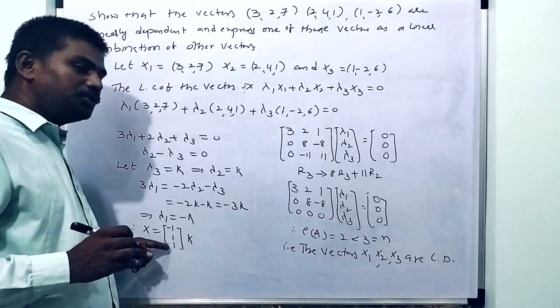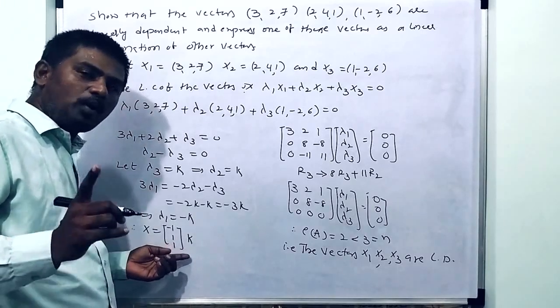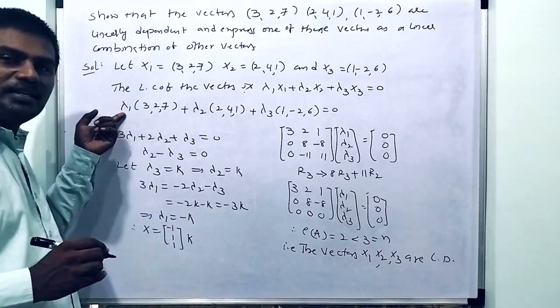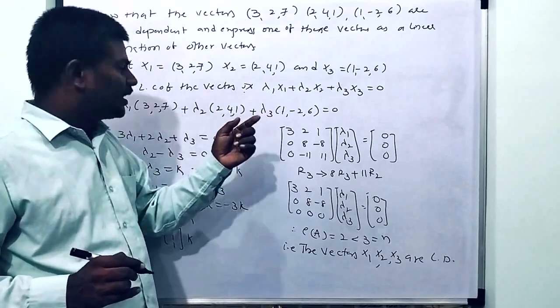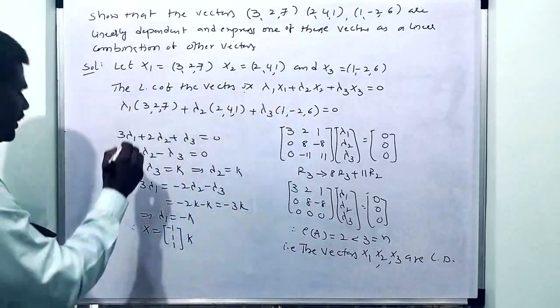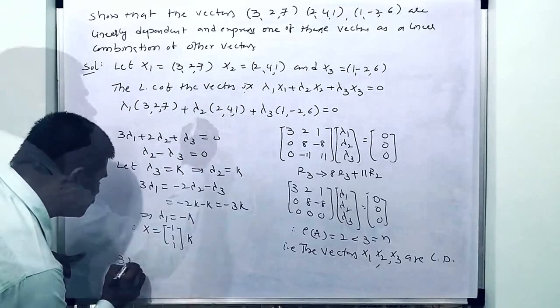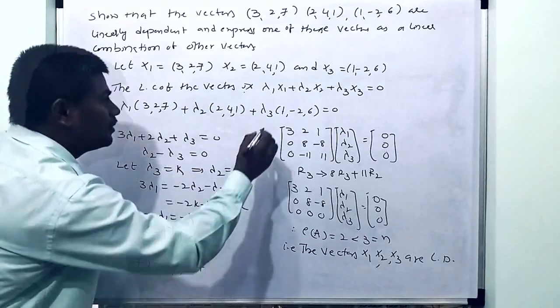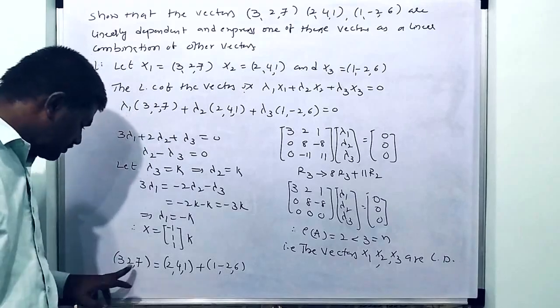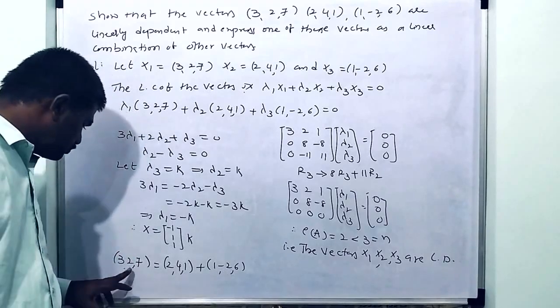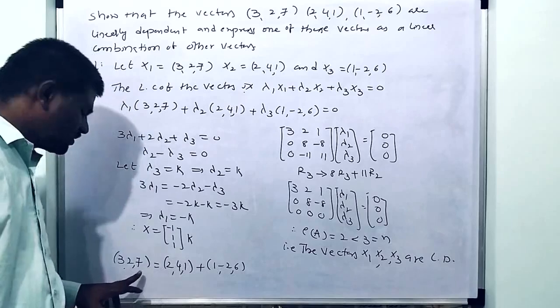Let us substitute by taking k as 1. Then lambda 1 is minus 1, lambda 2 is 1, and lambda 3 is also 1. That means (3, 2, 7) is equal to (2, 4, 1) plus (1, -2, 6). You can easily notice that 2 plus 1 is 3, 4 minus 2 is 2, 1 plus 6 is 7.